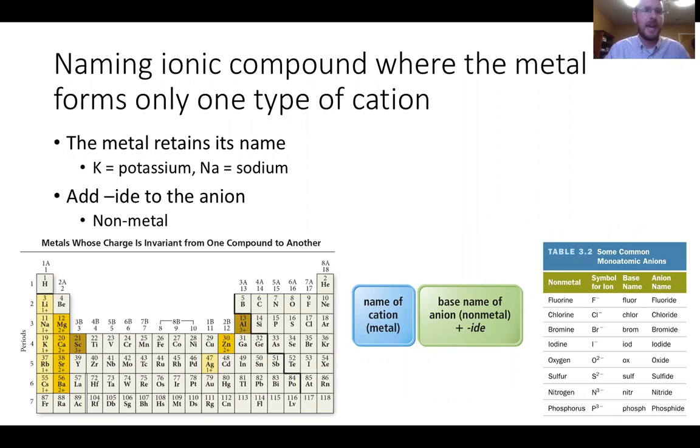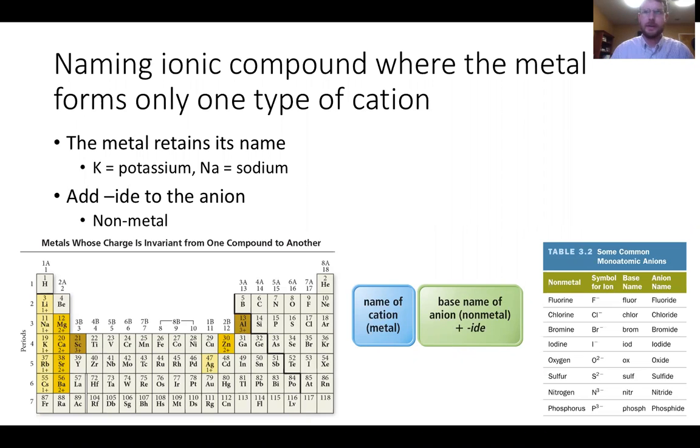So let's say you see K is potassium, Na is sodium, Ca is calcium, Mg is magnesium. Where the metal retains its name, so potassium, sodium, and then what we do to the non-metal is we drop off the ending, so the base name of it, and we add "ide" to it. So chlorine, chlor is the base, and then you just add "ide," so chloride.